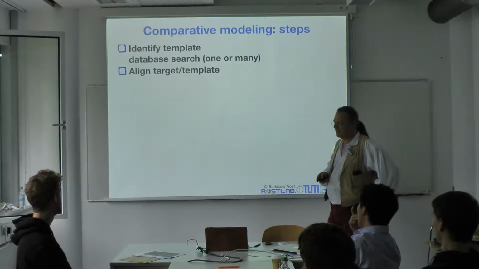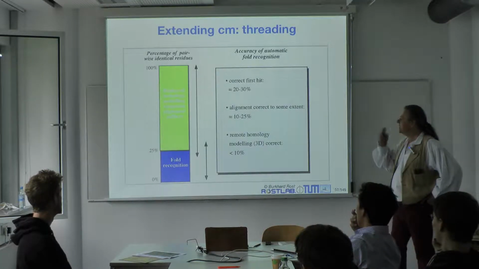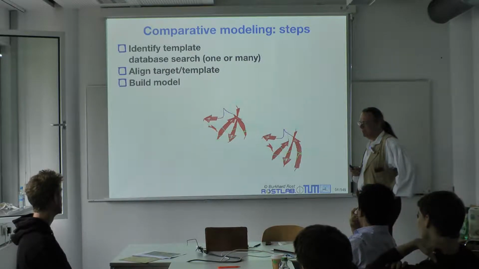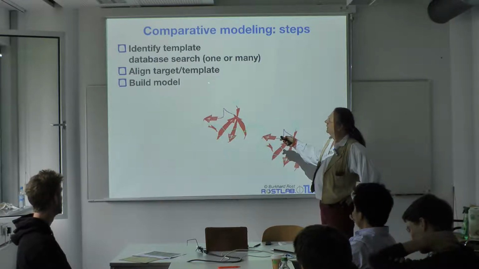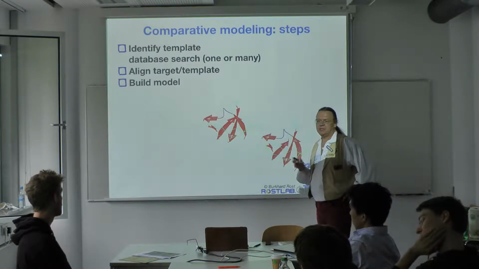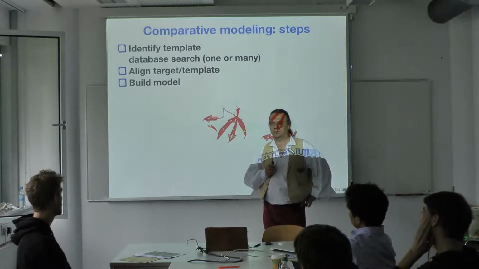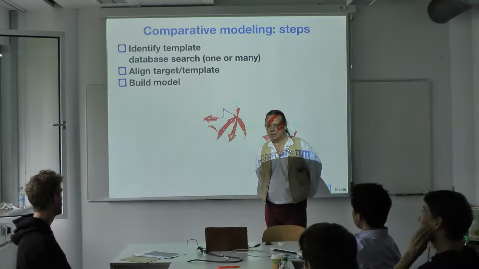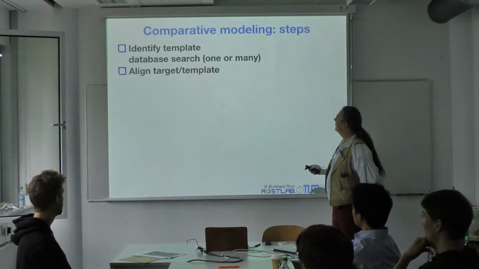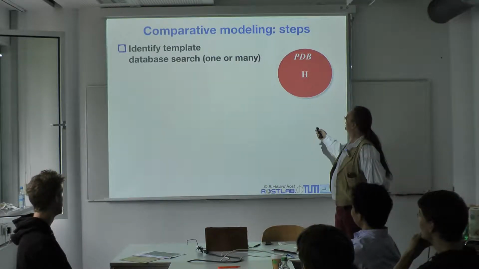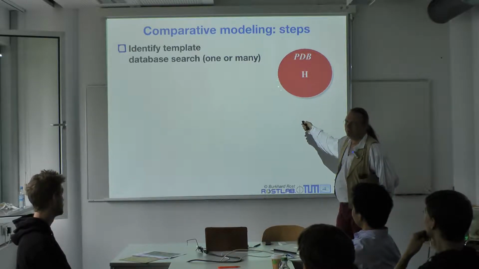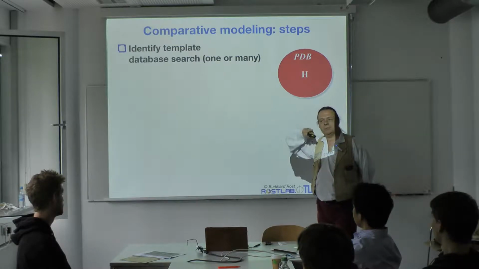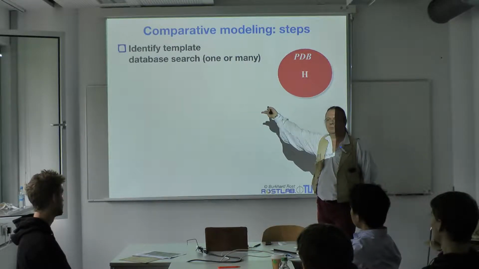The way you identify the template is simply by alignment, and the better the alignments, the better the start. Then you build the model. What's the simplest way in which you can build the model? You pick a protein in the PDB that you say is most similar in sequence to your query.